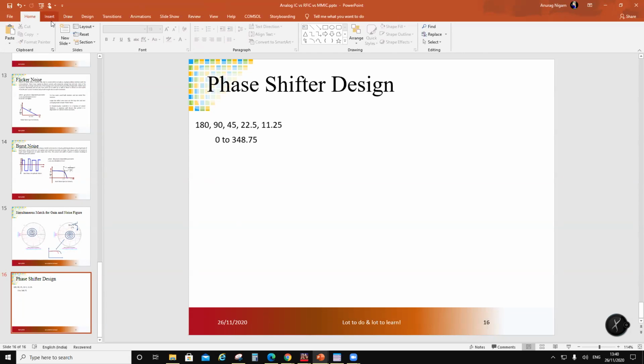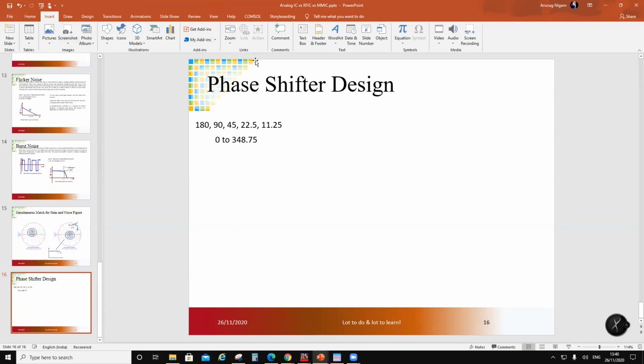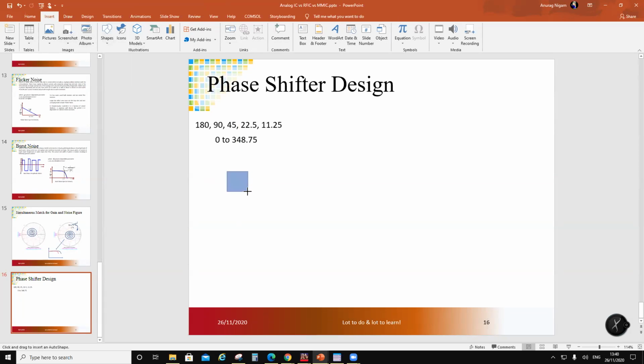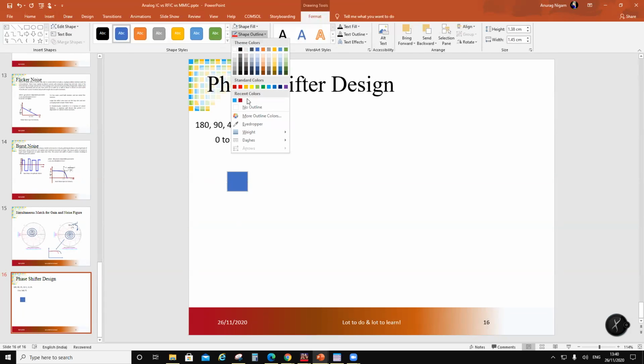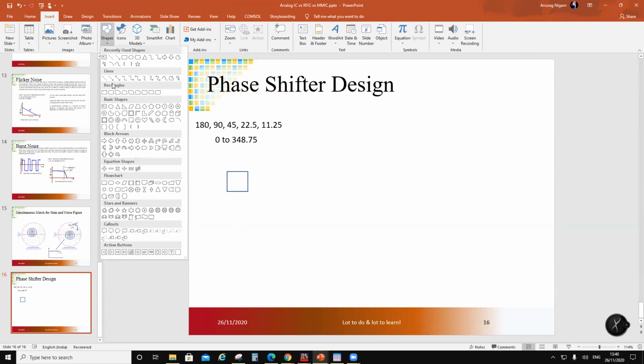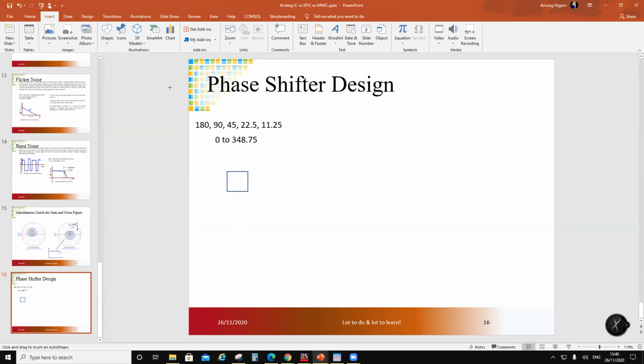Now let us see the complication. Let's say the basic topology is going to be a single pole double throw switch. Let's make a switch here quickly.